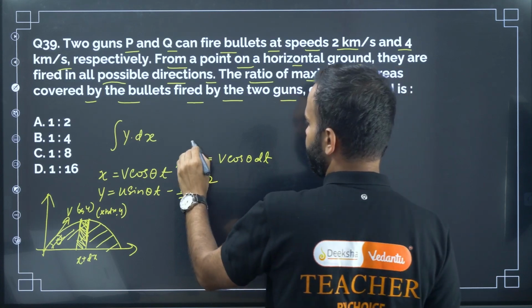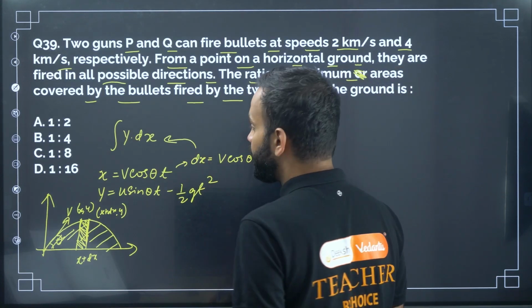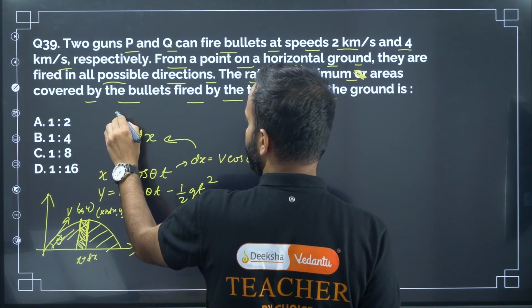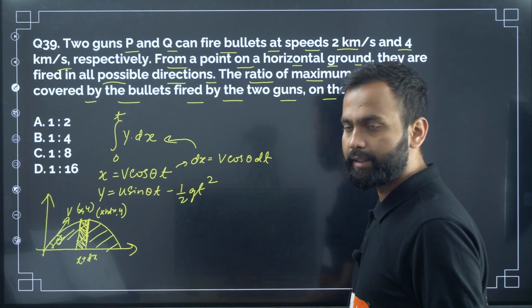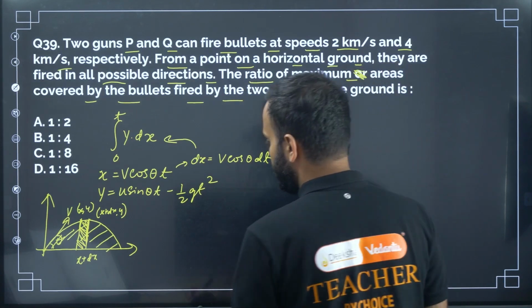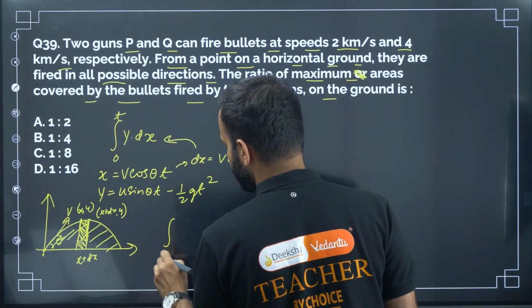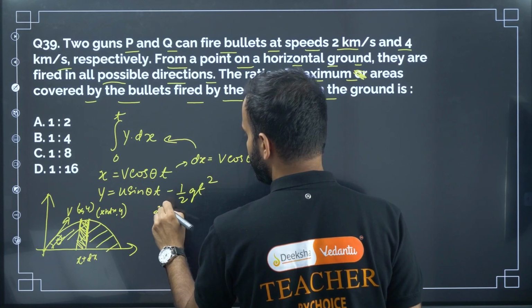So now substitute here. What is the limit? The limit will be 0 to T, where T is the time of flight, which is 2 v sin theta divided by g.